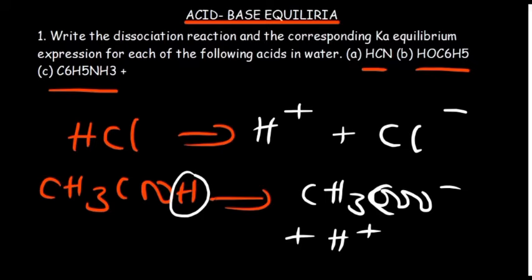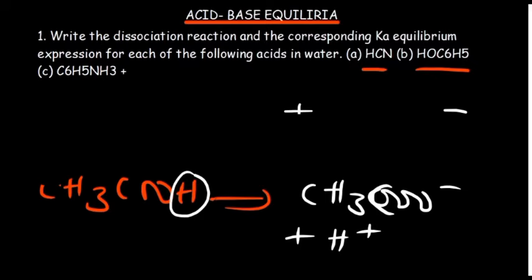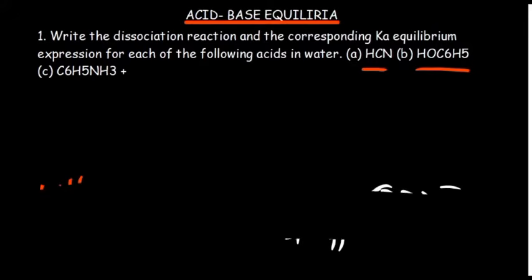Now if you look at the question, what kind of acids have we been given? I want us to find the Ka expression for that. If you look at HCN there, these are weak acids. So we have to write what we call a dissociation reaction. A dissociation reaction involves dissolving this kind of acid in water.